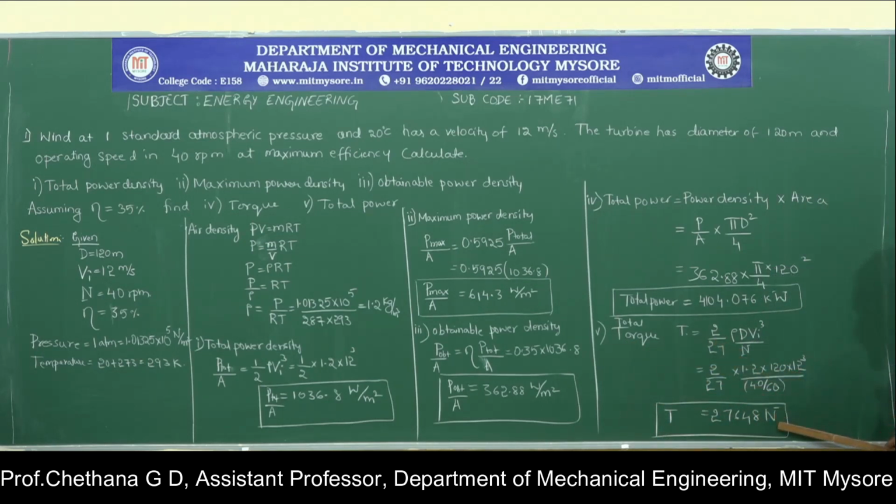Substitute all the values in the appropriate units, that is density in kg per meter cube, diameter in meter, velocity in meter per second, and this in second, we get the unit kg meter per second square, that is Newton. So torque is given by 27648 Newton.